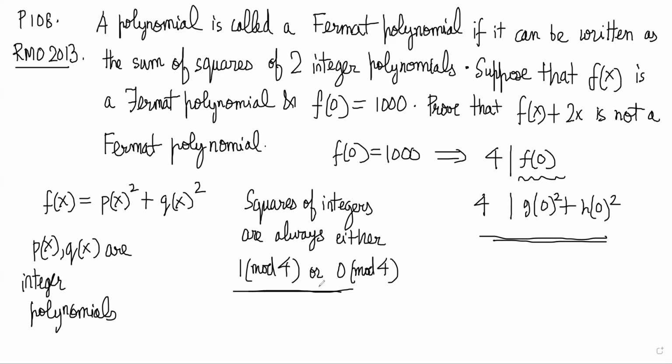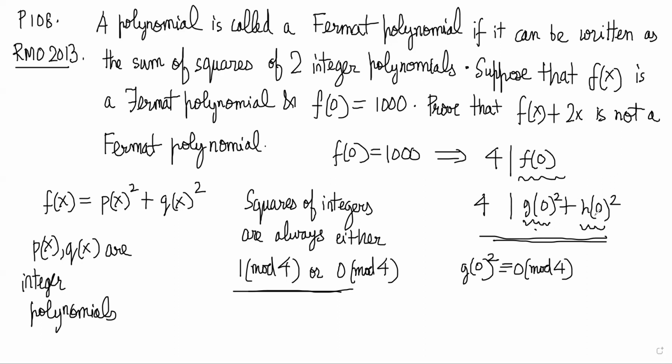If the square of g of 0 was 1 mod 4 and this was 1 mod 4, the overall would be 2 mod 4 and then 4 will not divide that, right? So what this means is that g of 0 square must be basically congruent to 0 mod 4. So it is divisible by 4.